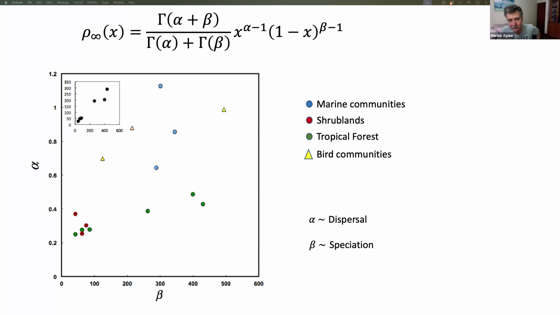The biodiversity number is a function of the speciation rate. So we say beta looks more related to speciation, and it actually fits very well with the biodiversity number for this abundance distribution that we fit.